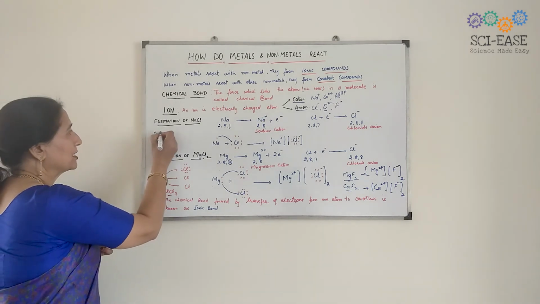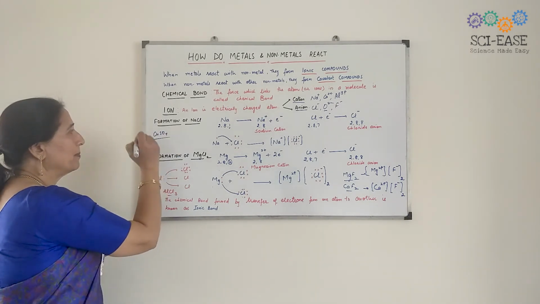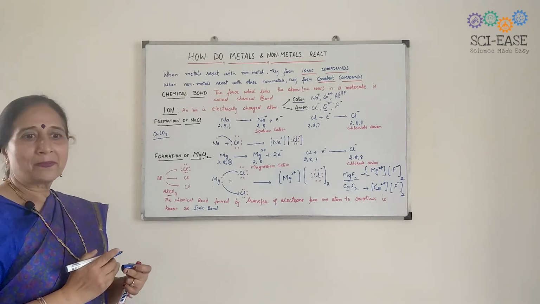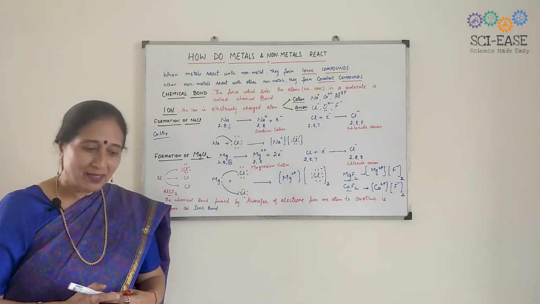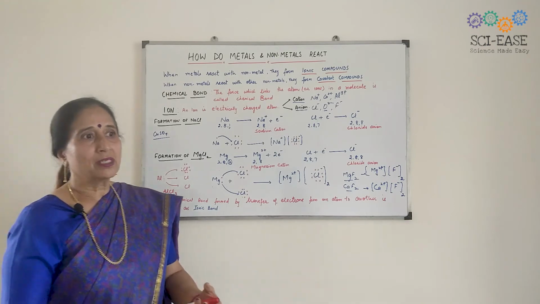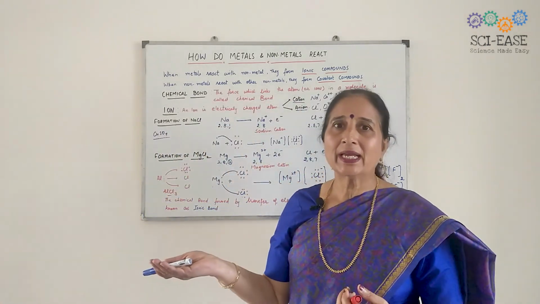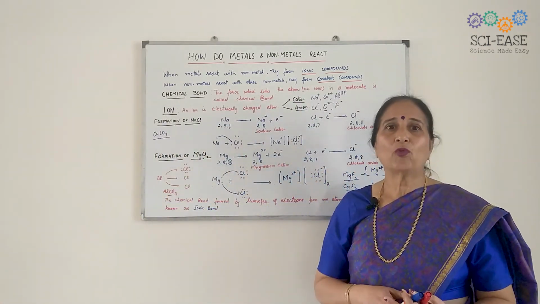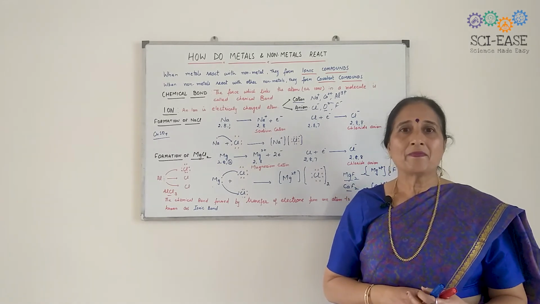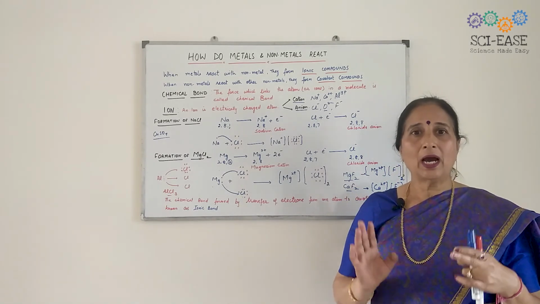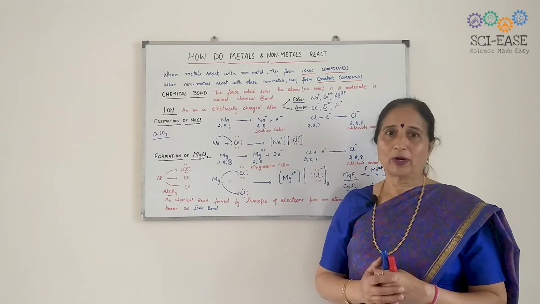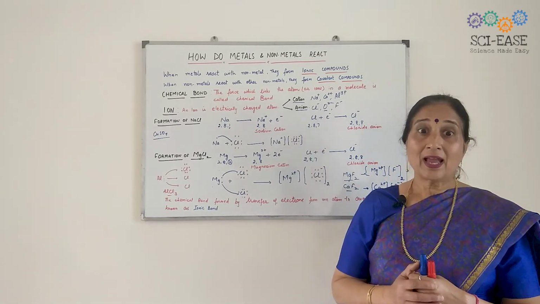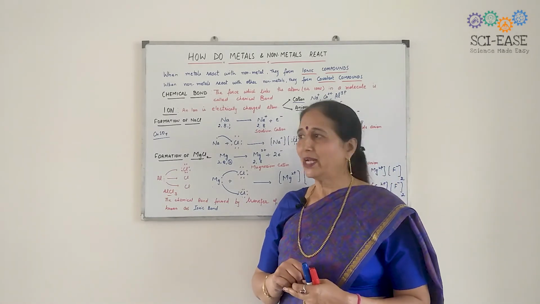Copper sulfate is also formed by ions. So you know that copper sulfate or sodium chloride are soluble in water. All ionic compounds are soluble in water.